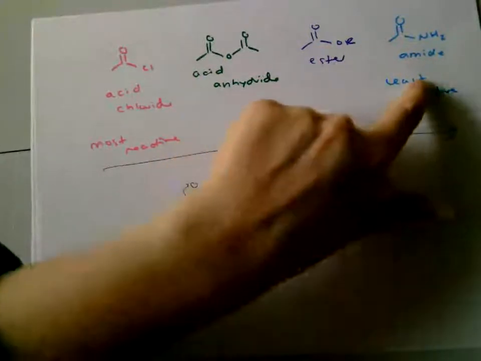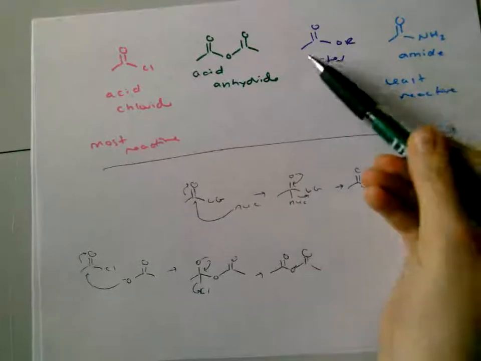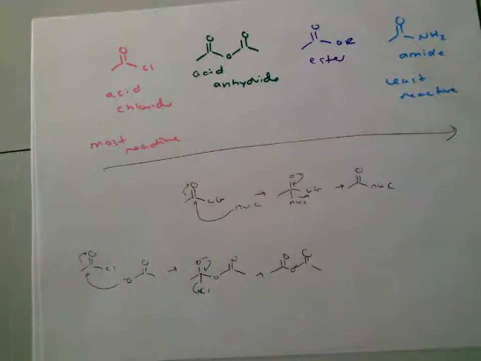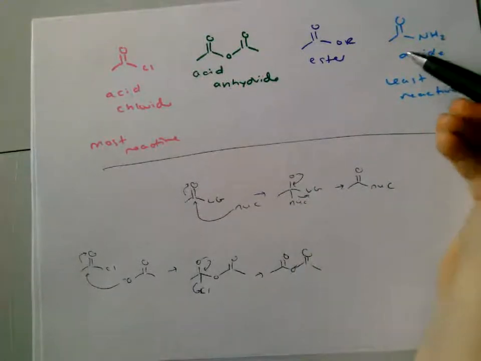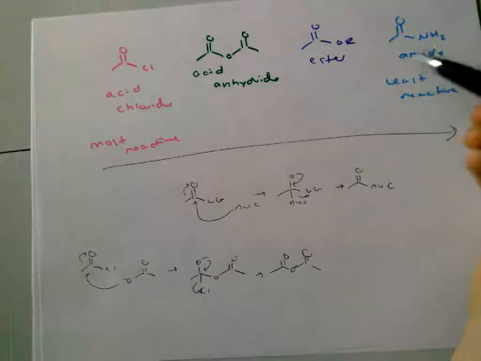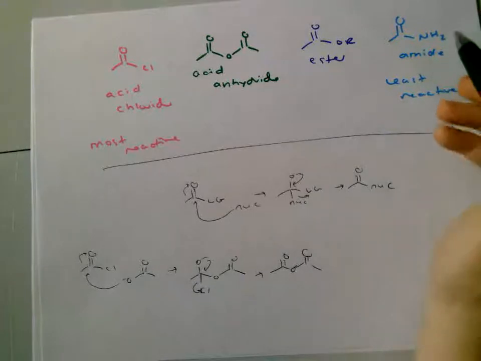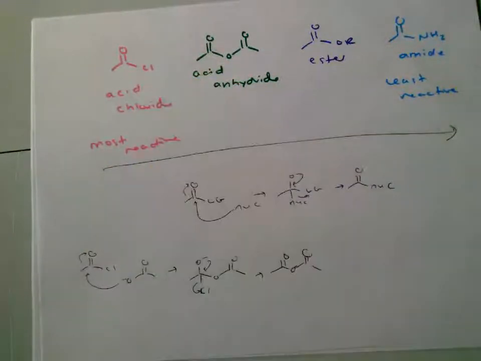We can go from an ester to an amide, but we can't turn an amide into an ester, an anhydride, or an acid chloride, because the reactivity of that isn't good. This would predominate if you put this in with an alcohol to attack. This is going to be the main thing that predominates based on the way the equilibrium would lie. So you can go this way, but you can't go the other way.